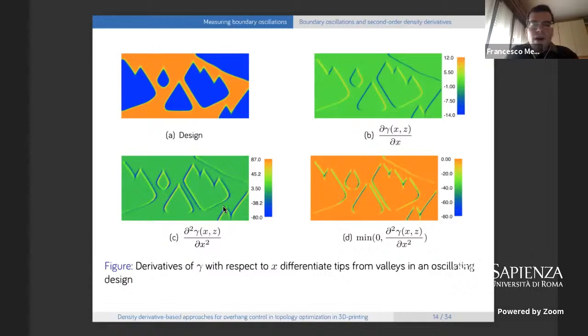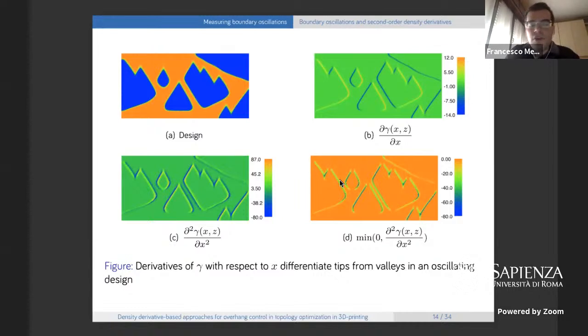And in the bottom part of the figure, you can instead see a representation of the second order derivatives. So on the left here, we have a full plot of the second order derivatives, while on the right, down here, we have a representation of the negative values of the second order derivatives.